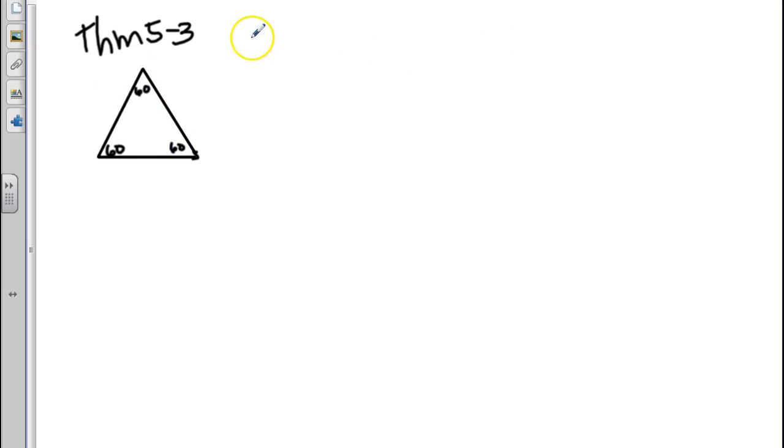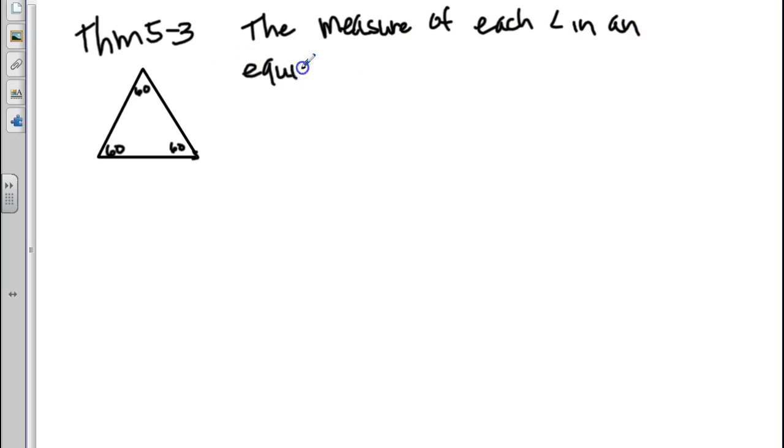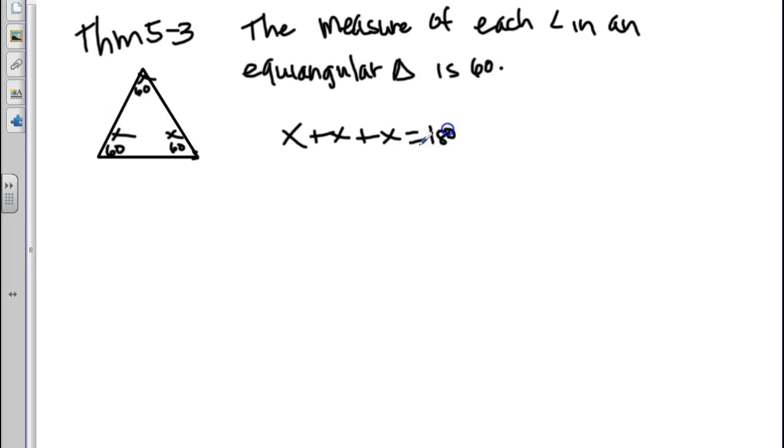If we put x's here, x, x, x, we would have x plus x plus x equals 180, or 3x equals 180, so x would be 60 when we divide by 3 on both sides. So that's where that comes from.